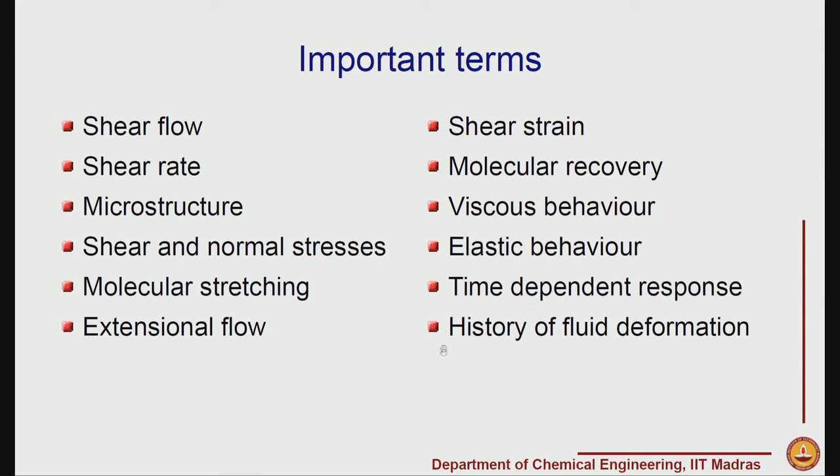We also saw that, in addition to shear flow and extensional flow, we could define the type of deformation being given to the material, and how the history of fluid deformation is important, in the sense of what kind of deformation was seen by the fluid earlier and what is seen in the present time.